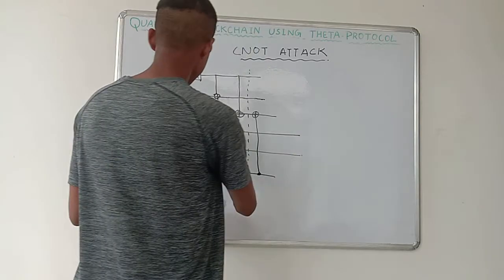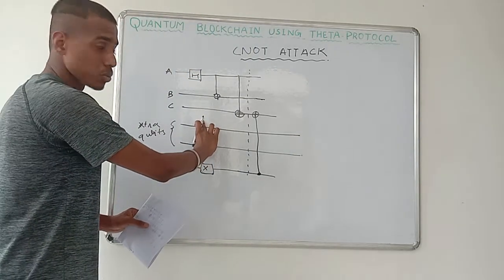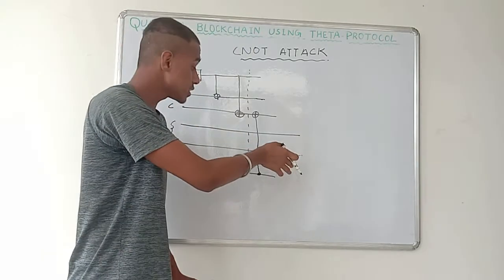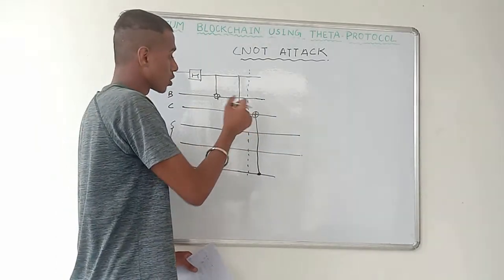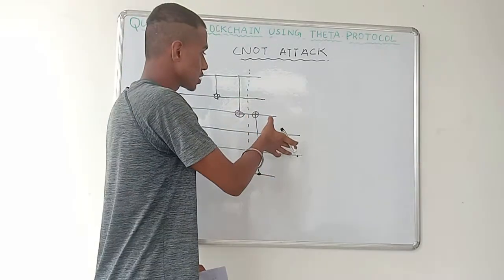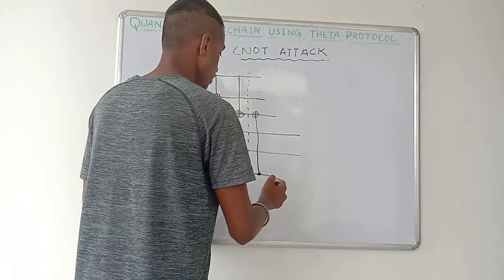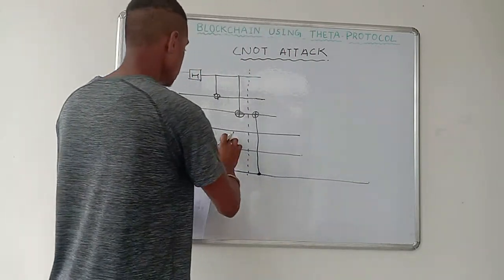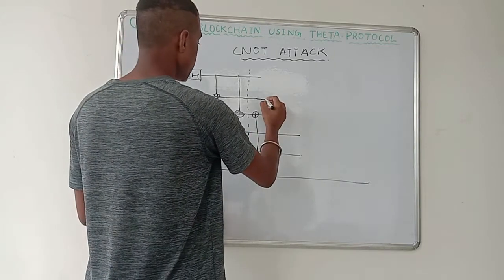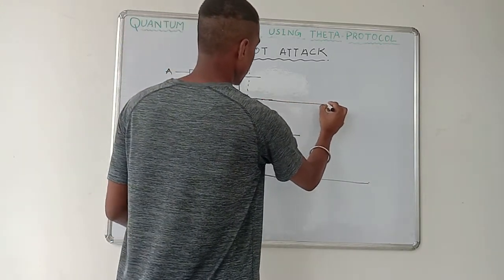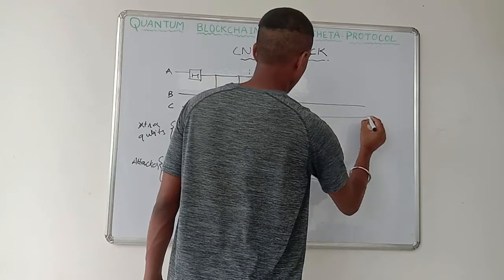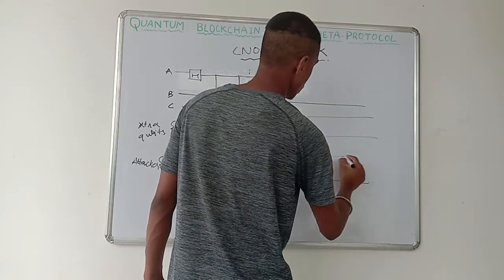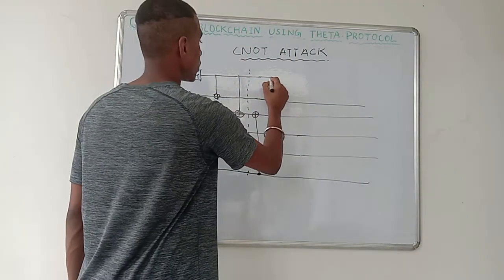Now, by using these two extra qubits, we design the detection circuit to check whether the CNOT attack is performed or not, whether our system is secured or not. This detection circuit consists of 4 CNOT gates.